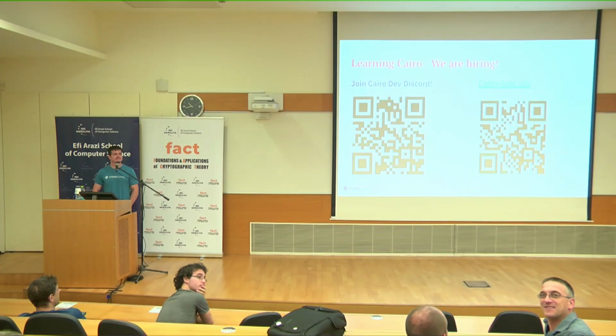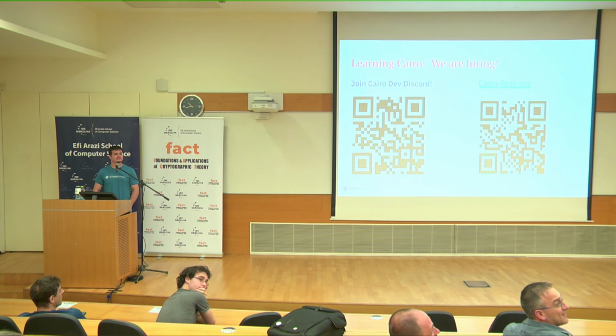How would proving something in the universal machine, like in Cairo, compare to proving specifically the program you want, in efficiency?